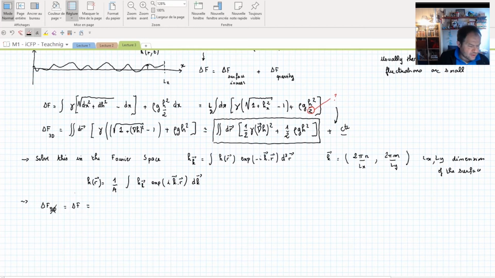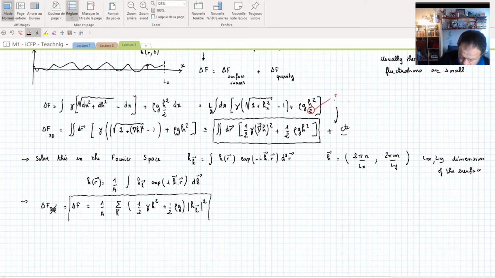So we can calculate the energy associated with these, and this energy can be related to the value of this mode, and it's 1 over A, the sum over the different modes of 1/2 of gamma k squared plus rho g times the modulus of h_k squared, and I again forgot the 1/2. Do you agree with that?